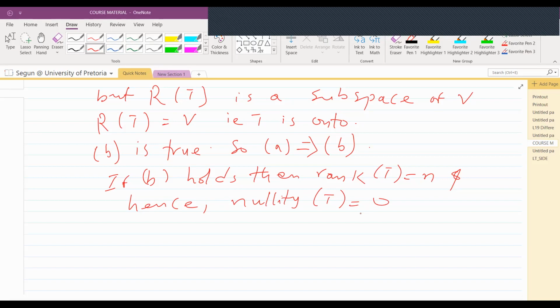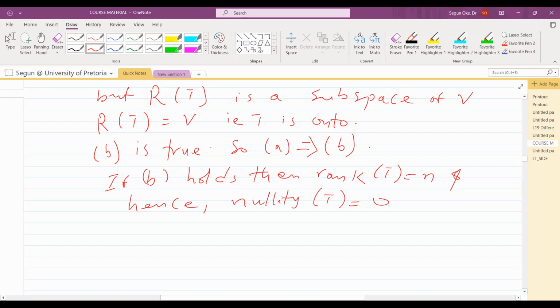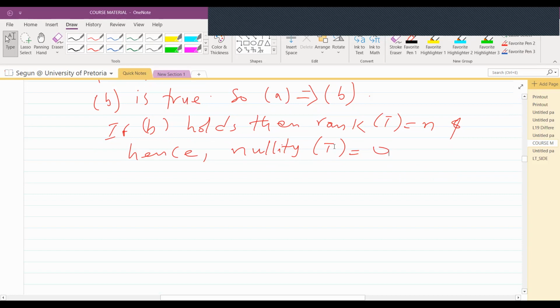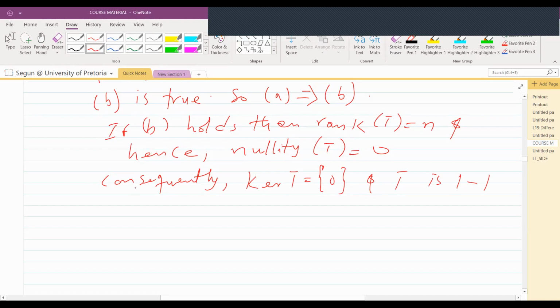Remember the definition of nullity and rank. We are just applying the definition here. We are not doing anything spectacular. We are just going back and forth from our definitions. And that is why I said, let that definition be part of you. Consequently, we know that kernel T is defined as the set 0, and T is 1 to 1.